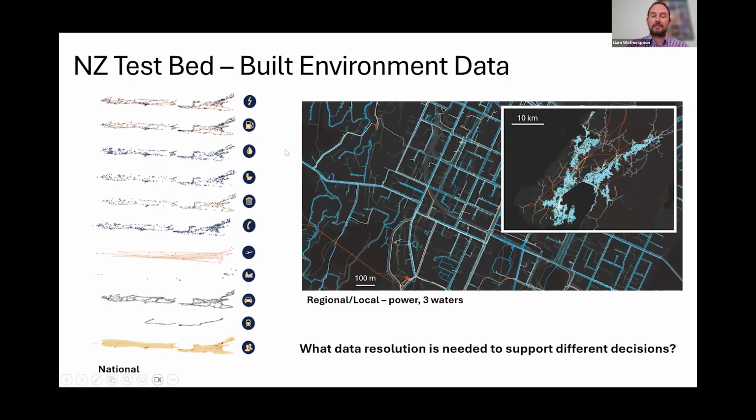Now, you may not need this level of data if you're looking at regional scale implications, but if you're focusing on a house by house basis, then maybe that's what you might need. For example, what's the material of the laterals that link from the network itself into each of the houses? Having that information is pretty critical to the function of a water system, but typically you don't know what those are.